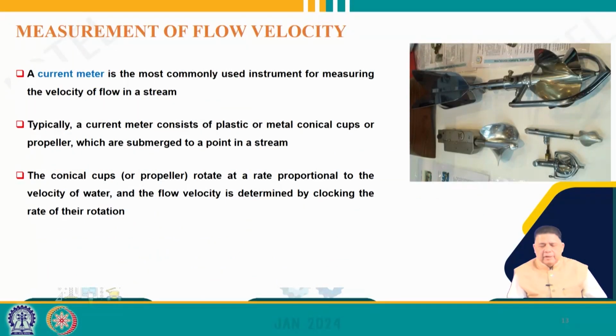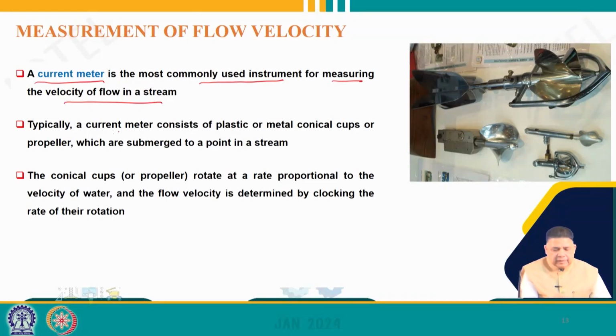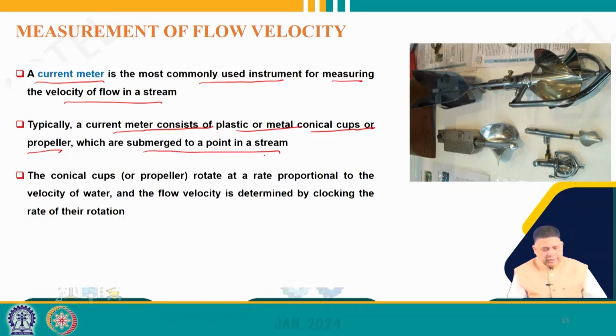Now, coming to measurement of velocity, typically equipment called a current meter is most commonly used for measuring the velocity of flow in a stream. Typically, a current meter consists of plastic or metal conical cups or a propeller, which are submerged to a point in a stream, and thus we measure the velocity.